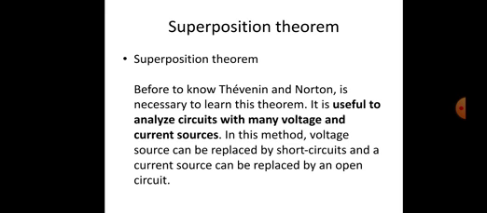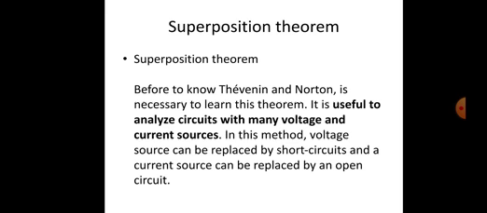In this method, voltage sources can be replaced by short circuits and a current source can be replaced by an open circuit. The superposition theorem states that a circuit with multiple voltage and current sources is equal to the sum of simplified circuits using just one of the sources.